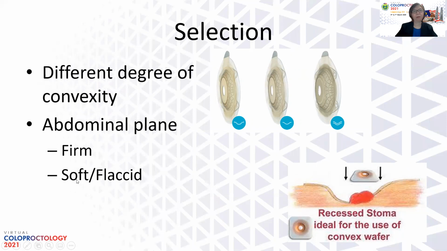If the patient has a soft and flaccid abdomen, a lot of the time nurses will find that using a firm convex appliance will be more suitable. Again, it is not every patient the same. Sometimes you have to look at the individual patient, or you have to try it out in order to know which one is more suitable for the patient and which one the patient feels more comfortable.